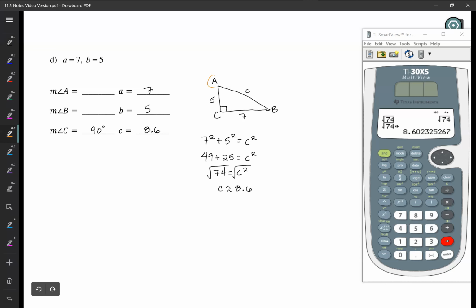If I'm looking at angle A, 7 is opposite to angle A, and 5 is adjacent to angle A. TOA. Tangent of A is 7/5, which means that the measure of angle A is inverse tangent of 7/5.